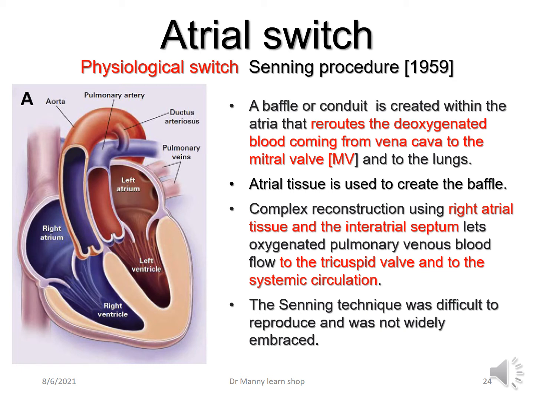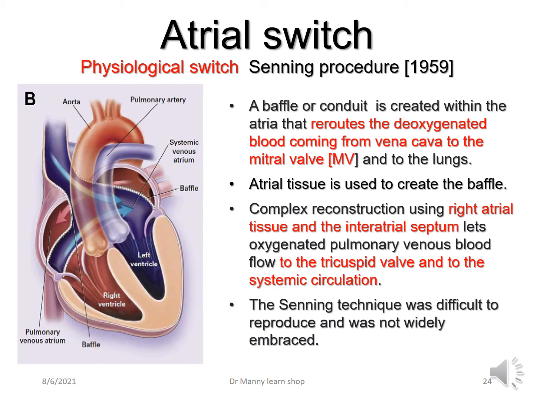This is complex reconstruction using right atrial tissue and the interatrial septum, which lets oxygenated pulmonary venous blood flow to the tricuspid valve and to the systemic circulation. However, the Senning technique was difficult to reproduce and was not widely embraced by the surgical community.